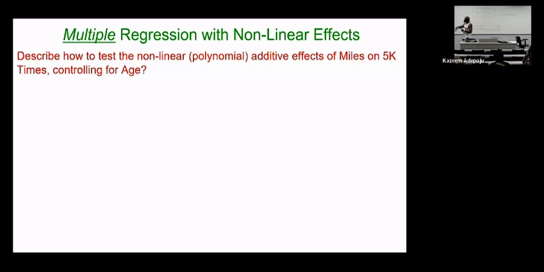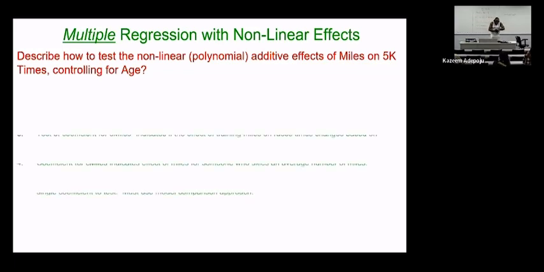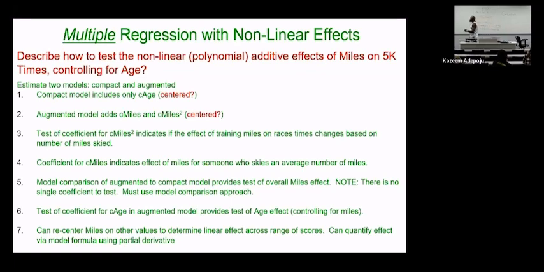We want to describe the additive effect of mice on 5K times, but we want to control for age, because age is also going to be a factor. In doing that, we want to estimate two models, one compact and one augmented.